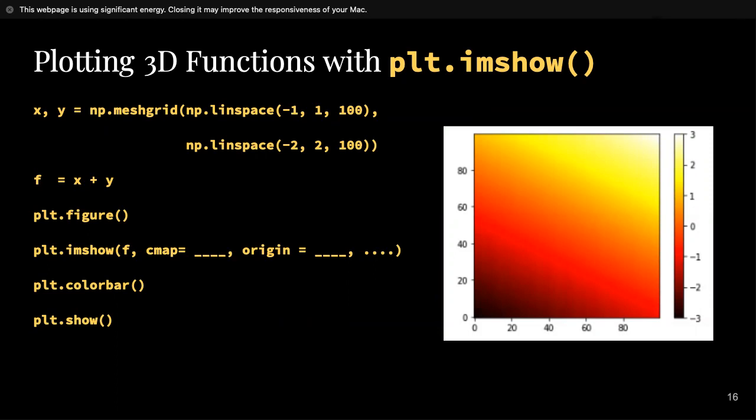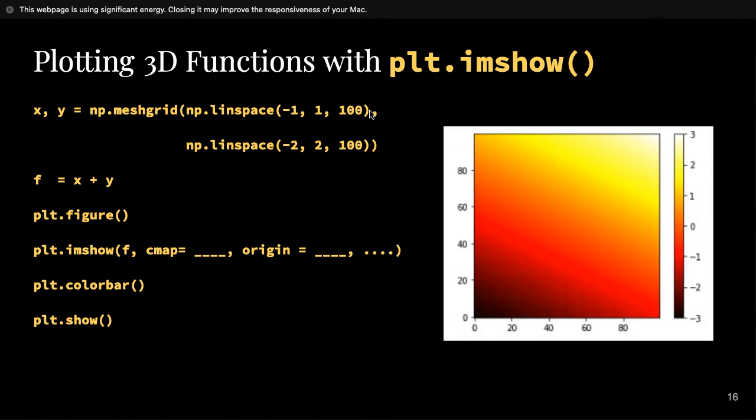It's a little complicated to understand at the very beginning, but I'll try my best to walk you through it. So up there at the very top, x, y is equal to np.meshgrid, right here, this line. This takes in two linspaces, your x and your y data. So we're saying I want my x data to go from -1 to 1, and my y data to go from -2 to 2 with 100 evenly spaced points.